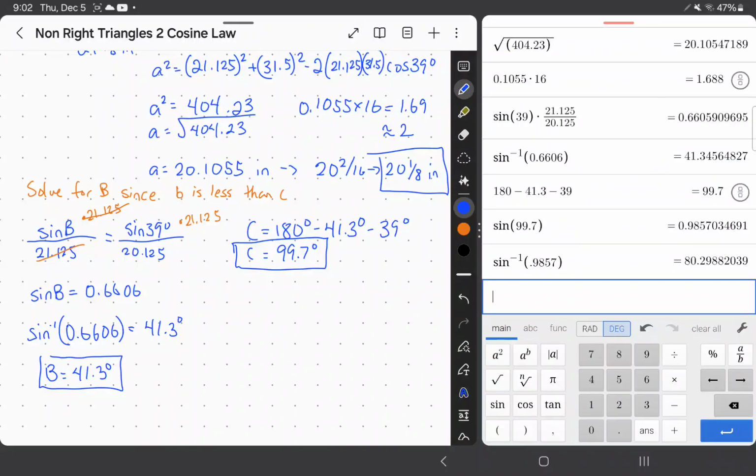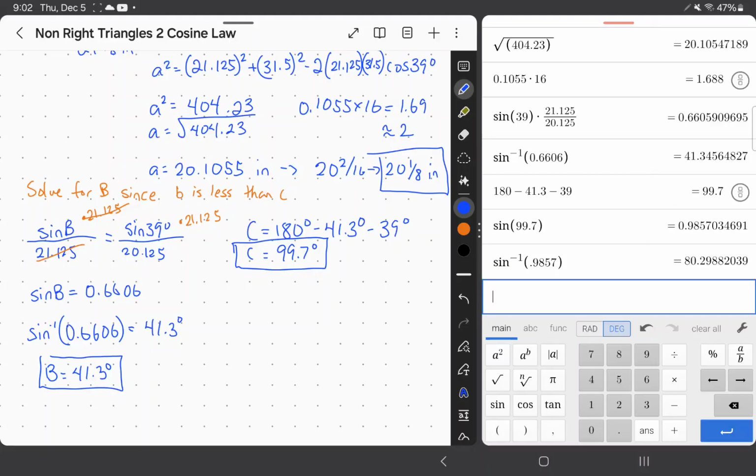So it's prioritizing the quadrant 1, less than 90 degree solution, but that's not what we have here. That is legitimately a calculator error, and we have to make sure we avoid that when we're dealing with these non-right triangles. So 99.7 degrees is correct here.